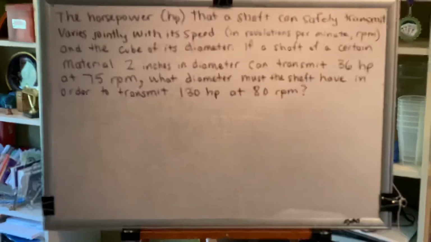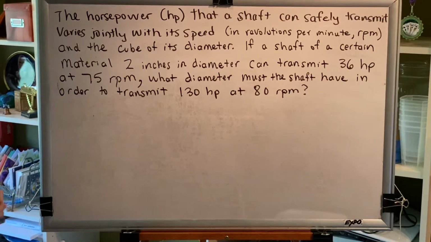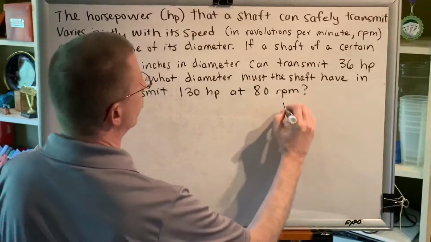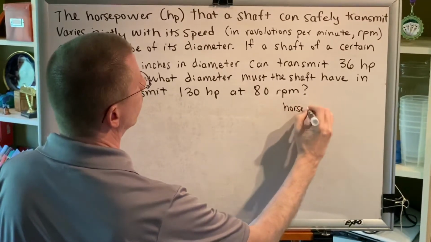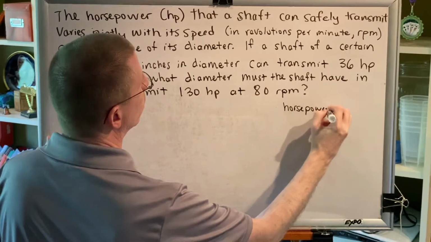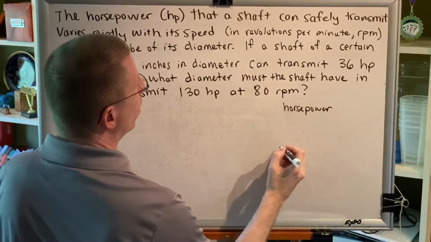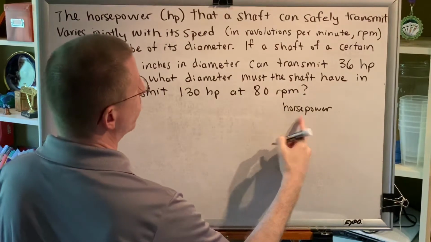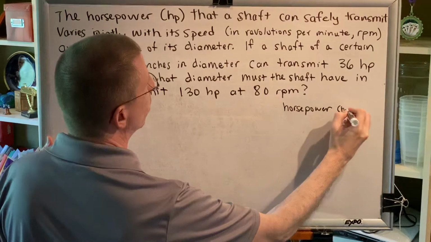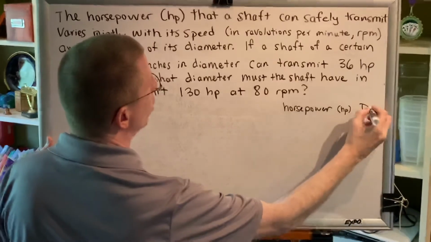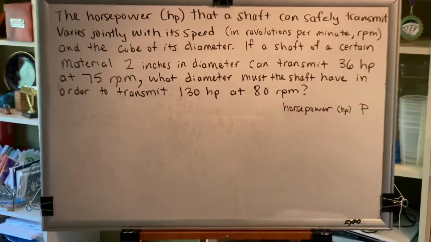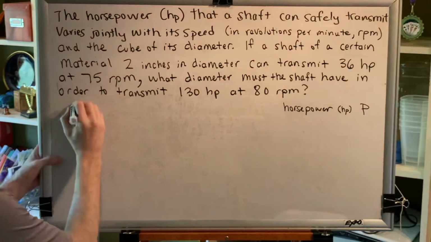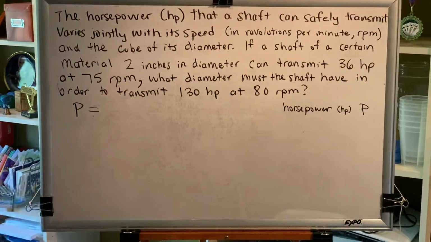We're going to use the variable that's used in a physics class, capital P. In fact, I'm going to make a short list over here of the quantities that we're measuring, horsepower, the units of measurement, and the variable we're going to use. So horsepower, capital P. So I'm writing P equals.